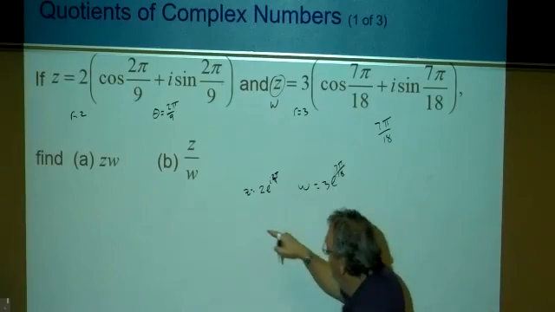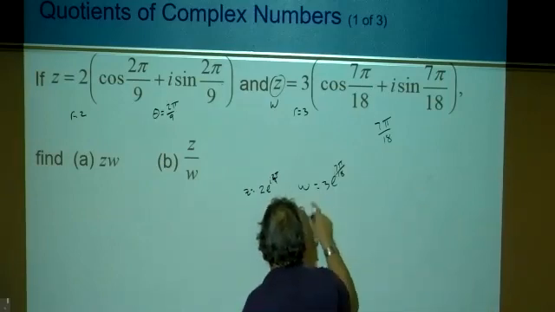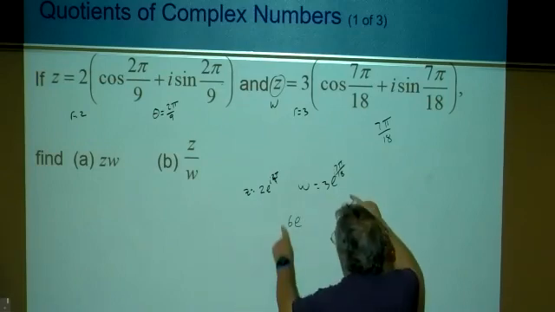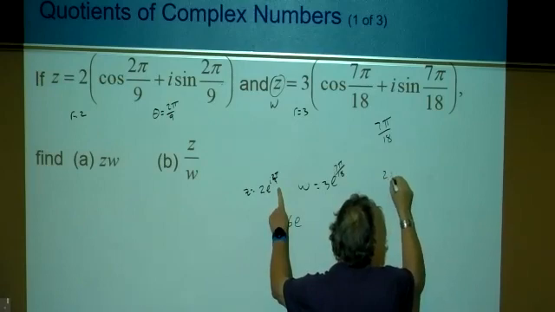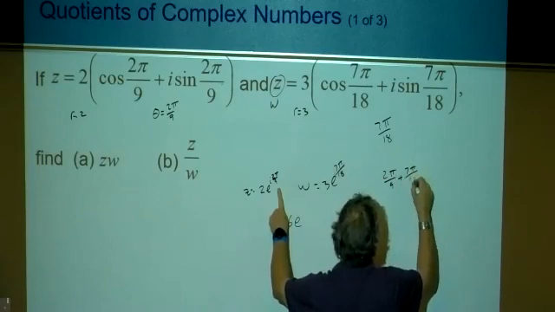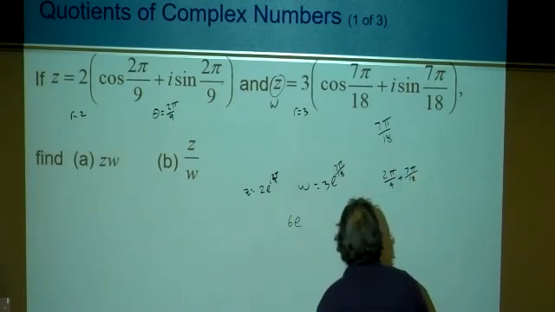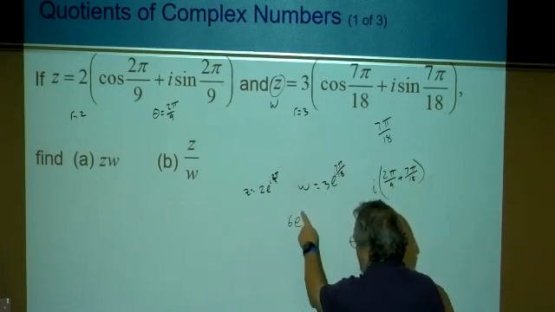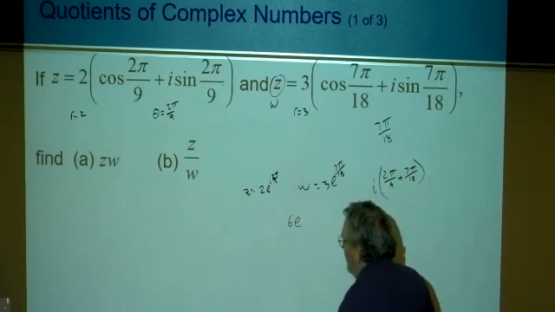Multiplying, I'm going to multiply 2 times 3, which is 6. So we have 6e, and then I add 2 pi over 9 plus 7 pi over 18, and multiply that by i to get my exponent.